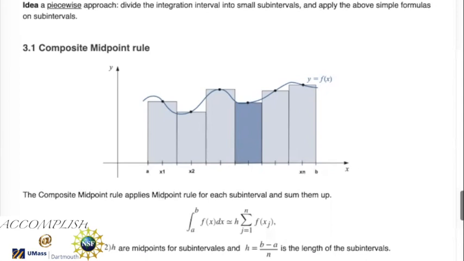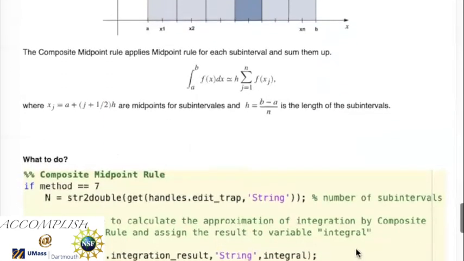So what should we do in the GUI? You just need to look for the part for the composite middle point rule. This line here is reading from the interface. Once the user chooses the composite middle point rule, a location will show up, so the user can put in how many sub-intervals they want to use. This line will read that number and assign it to the variable n.